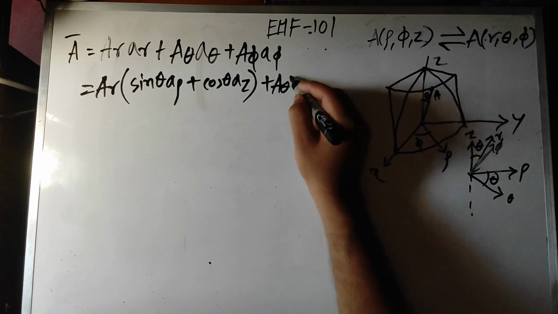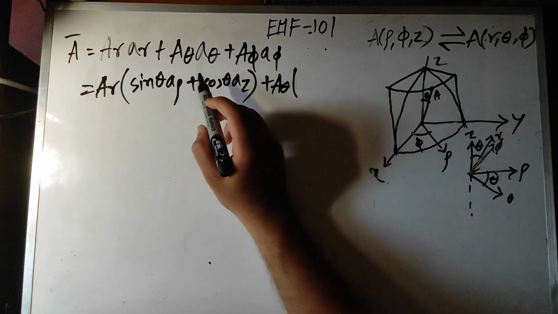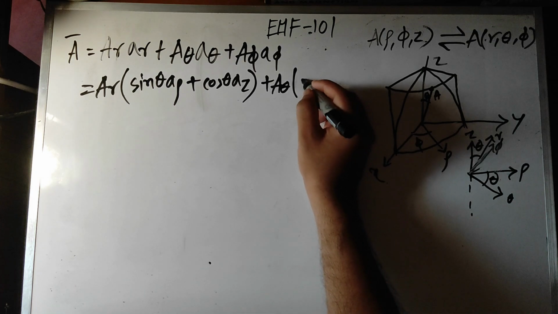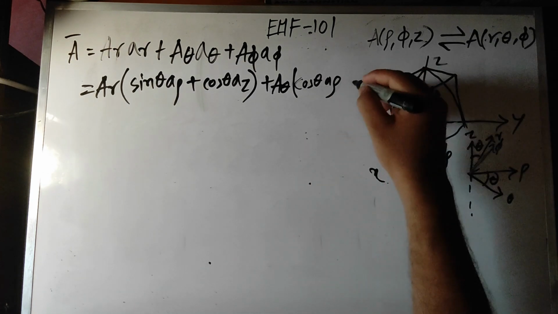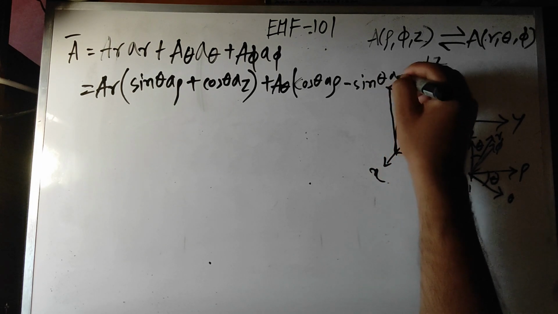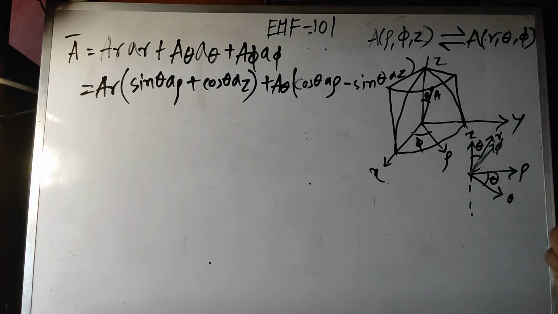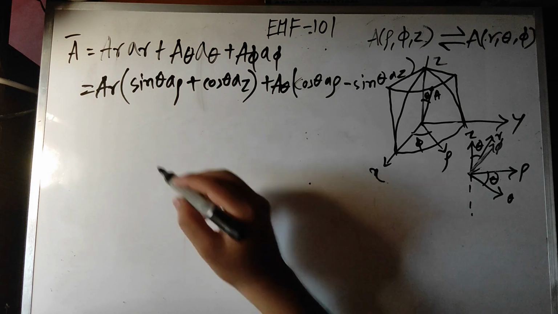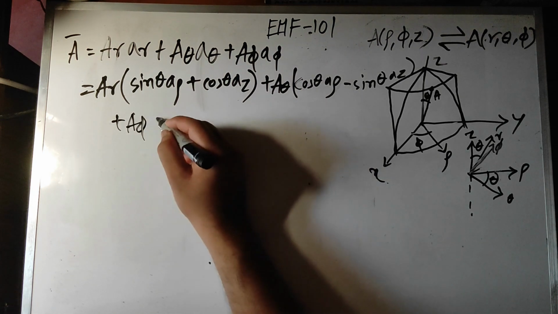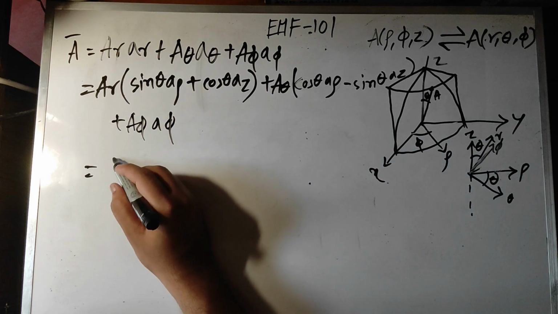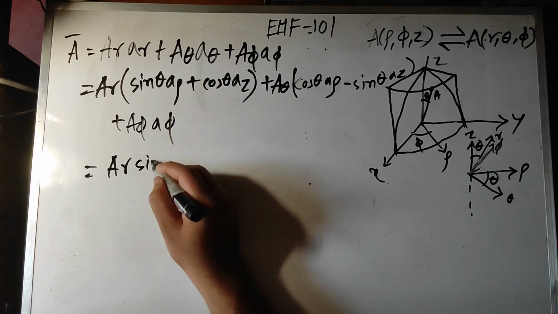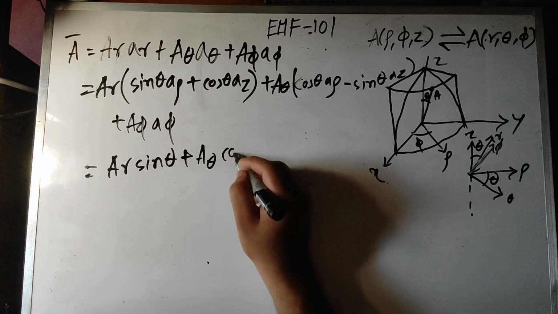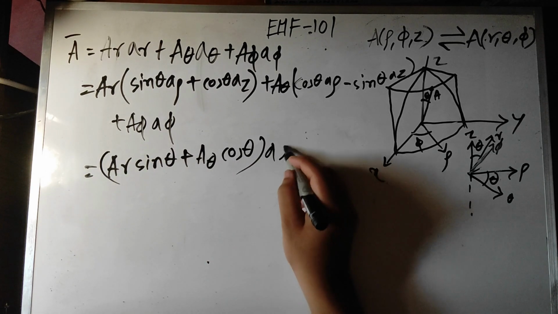A theta, put the value now for A theta, which is cos theta A rho minus sin theta A z, and A theta is perpendicular to A phi, so no component, and A phi is plus A phi direction A phi, which gives A r sin theta plus A theta cos theta A rho.